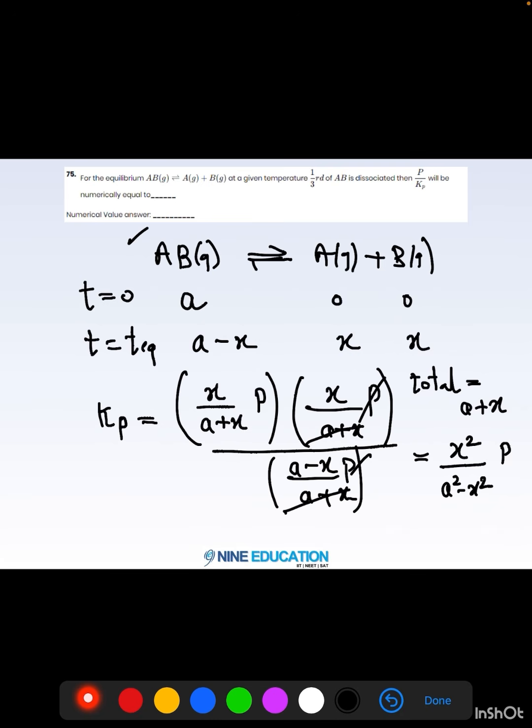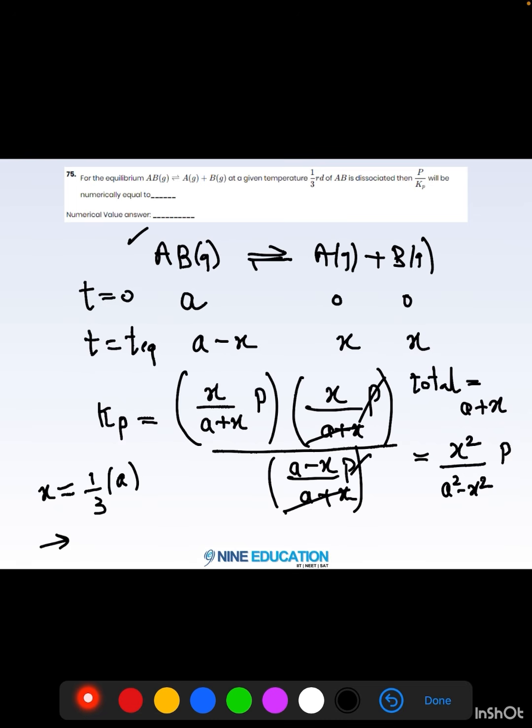Further, for simplification, I have taken x mole of AB getting dissociated, but they have already given some data for this. 1 by third of AB is dissociated, meaning x is nothing but 1 by third of a.